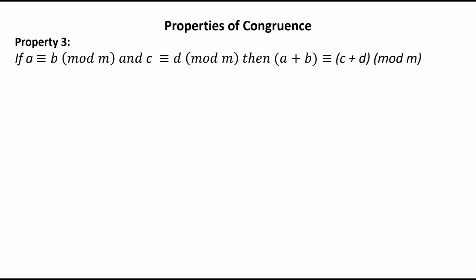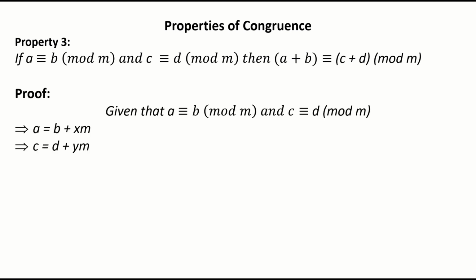Now let's see property 3. If a is congruent to b modulo m and c is congruent to d modulo m, then a plus c is congruent to b plus d modulo m. Let's see how this is possible. The given information is a equals b plus xm, c equals d plus ym, where x and y are some integers.